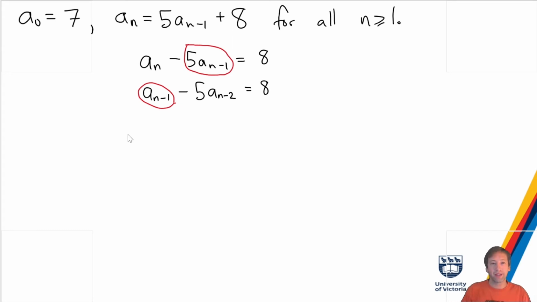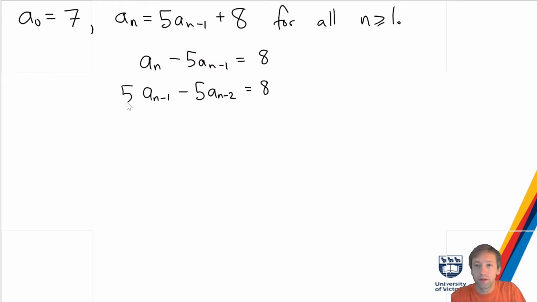So in order to cancel, I want to take the second equation and multiply it by 5. If I multiply it by 5, it's still a true equation, right? So 5 times this thing is equal to 5 times 8. And now you can see you're going to get the cancellation that you want between the first line and the second line.